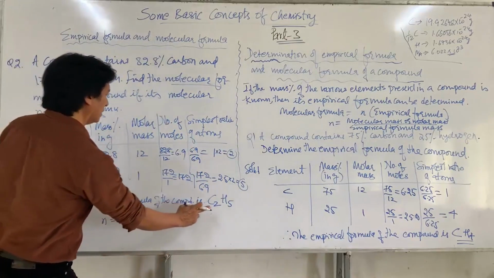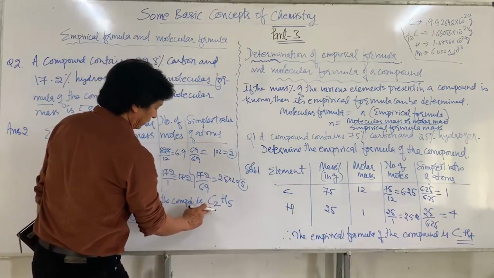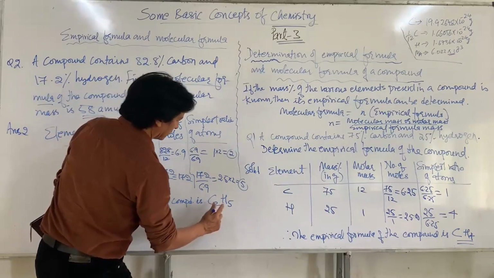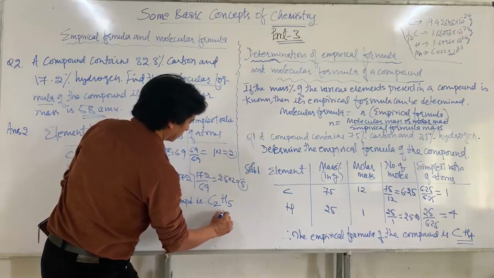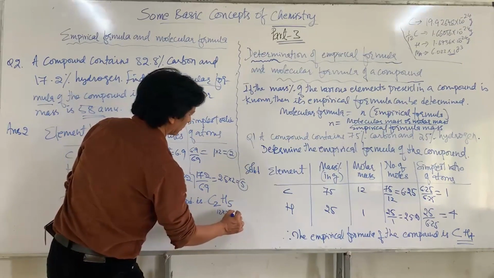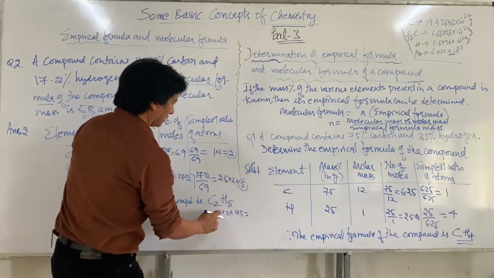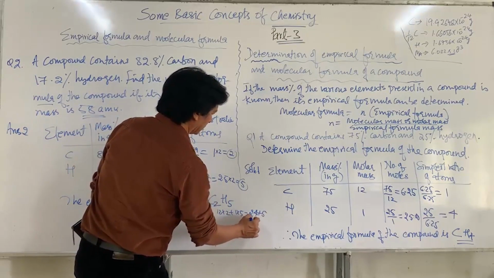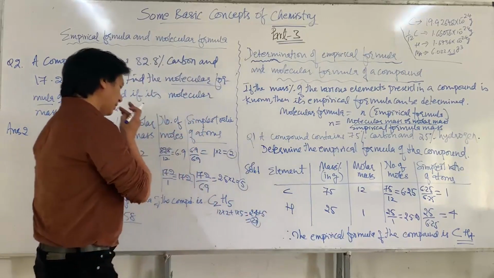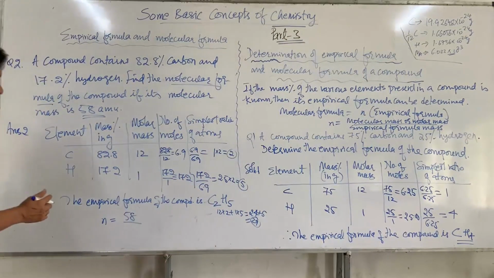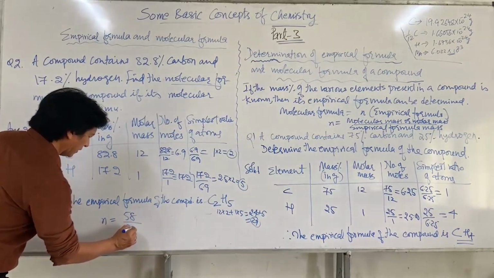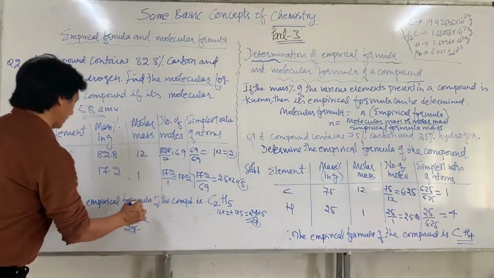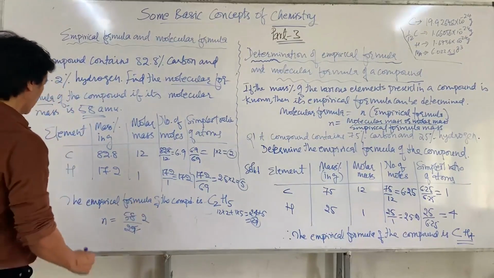Your empirical formula is C2H5. Now here you have 2 atoms of carbon. Each carbon is 12, so 12 into 2, plus each hydrogen is 1 into 5. So it is 24 plus 5 is 29. So now the empirical formula mass is 29. So 29, 2 times you get 58. So your N is 2.